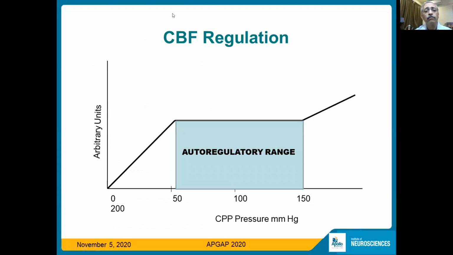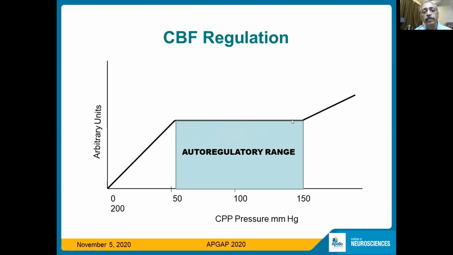Now, what is autoregulation? That has been nicely explained the other day by Dr. Murali. It is the mechanism by which the organ maintains its cerebral blood flow across varying pressures, within the limits of about 60 to 150 millimeters of mercury of cerebral perfusion pressure. The flow continues to be the same. There's not much change in the flow.